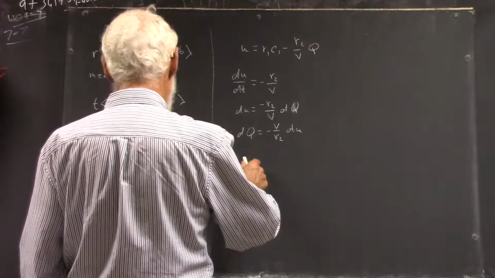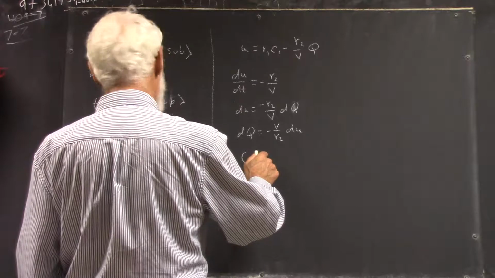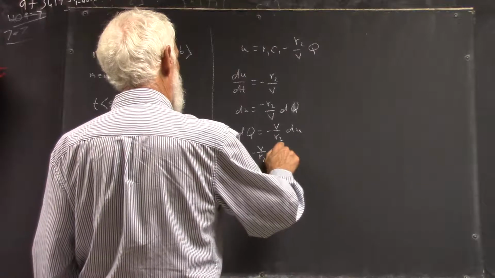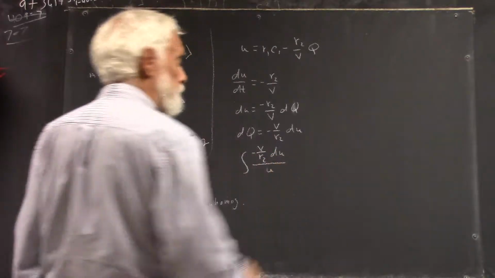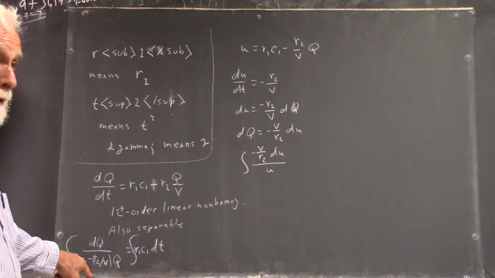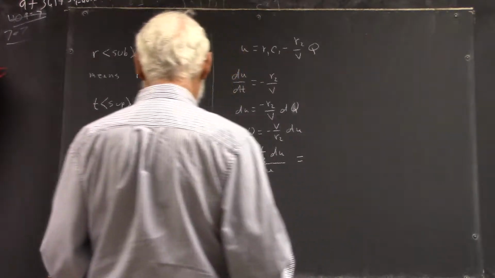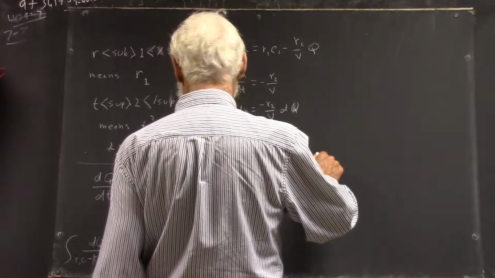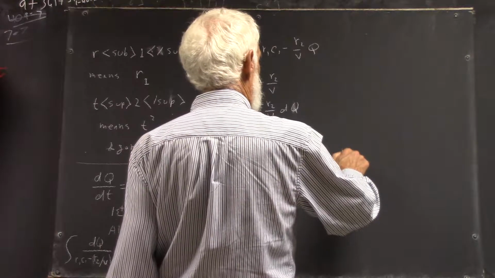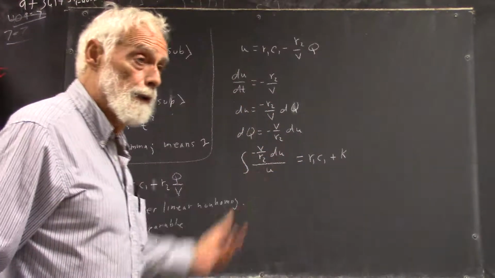So we have the integral of negative V over R2 du over U. That's your U. Okay? That's going to be a simple natural log. And that equals the general antiderivative of this. So it's R1C1, and I don't want to use C for a constant because I'm using C's for something that has meaning for the interpretation of this equation.